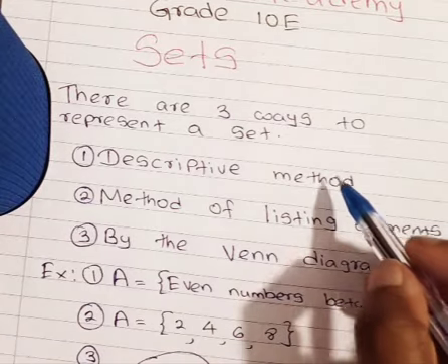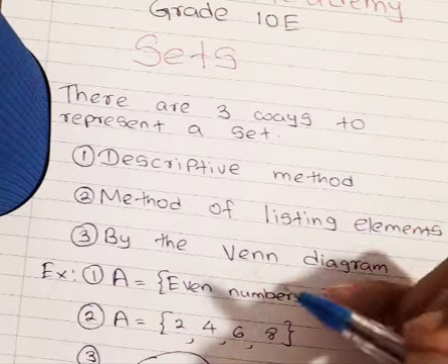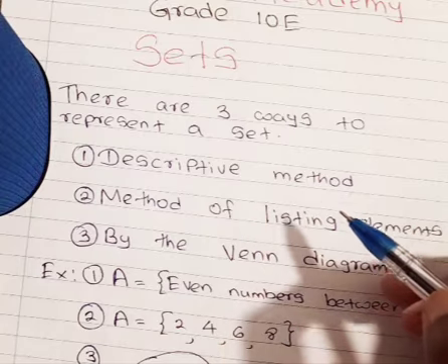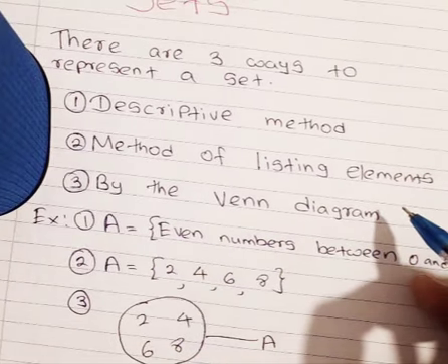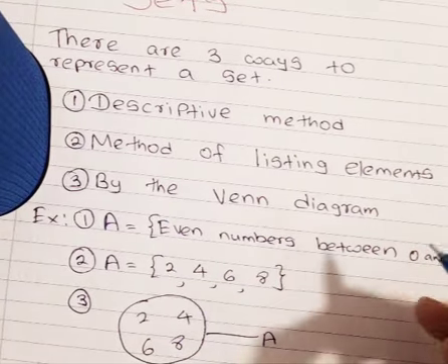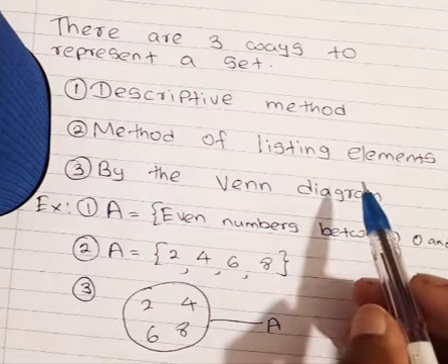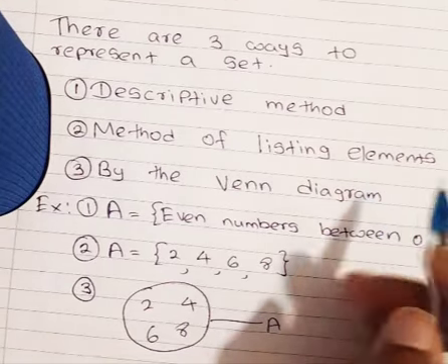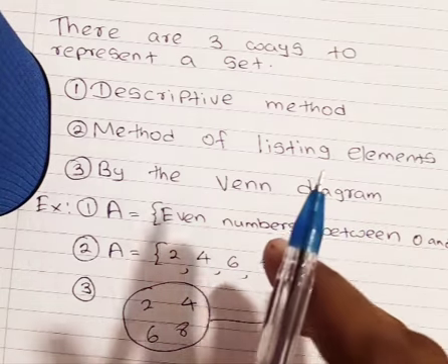So the first one is the descriptive method. That means we have to explain the common characteristics of the elements. The second is the method of listing elements. You have to write down all the elements one by one, and you can't repeat the same term again and again. You can write one term only one time.